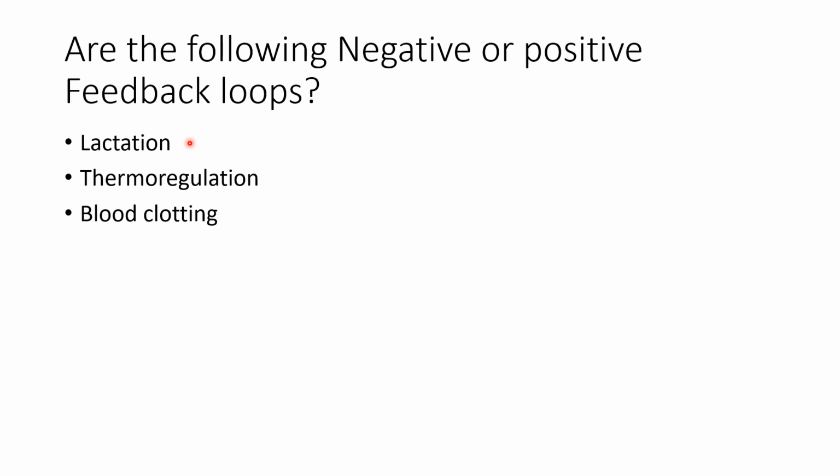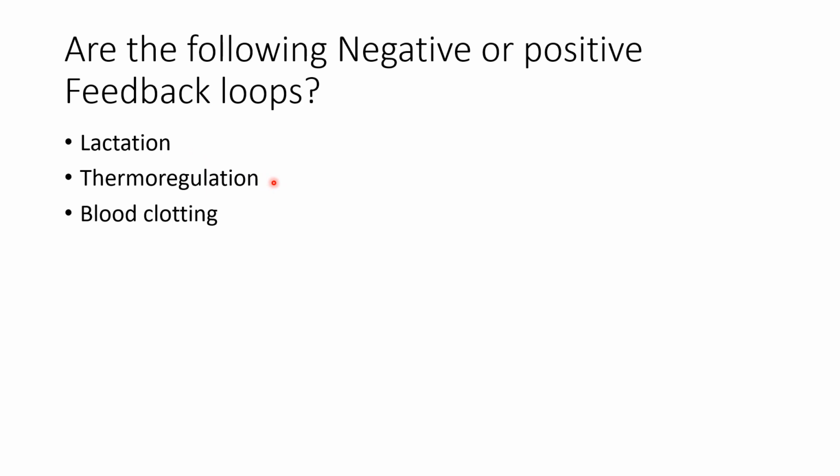So as long as the baby is getting nursed and the baby is getting the milk, then the process is going to continue until the baby basically stops feeding. And so lactation then has to be a positive feedback loop.